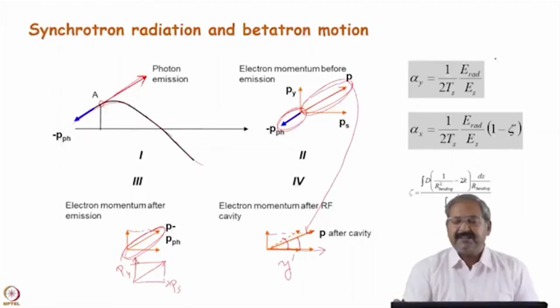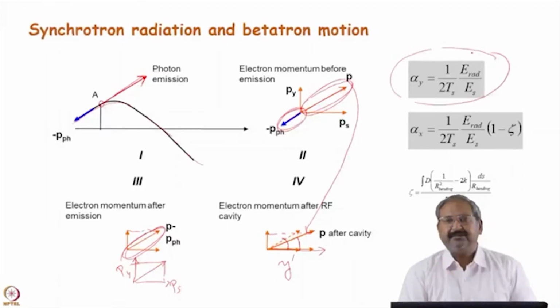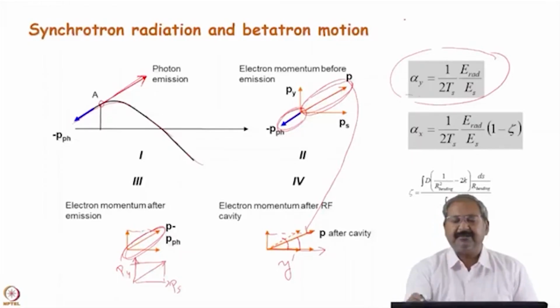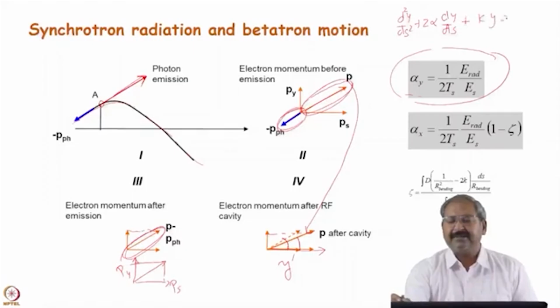So this is the damping coefficient when we calculate for the vertical plane: how the vertical betatron motions are damped out. When we write down the equation, we write d2y/ds^2 plus 2 alpha dy/ds plus ky is 0. So this 2 alpha is this.